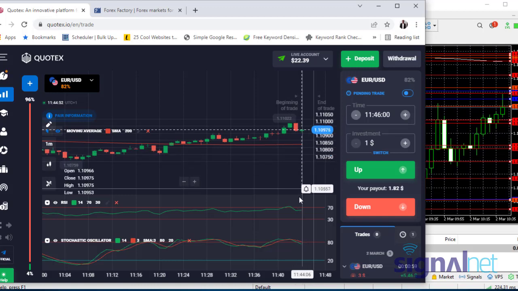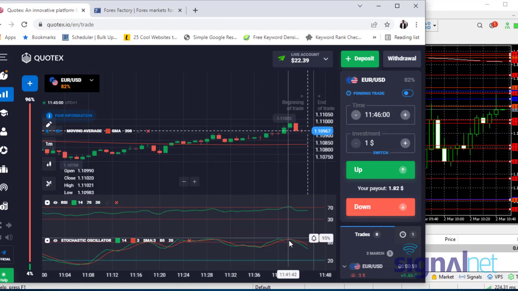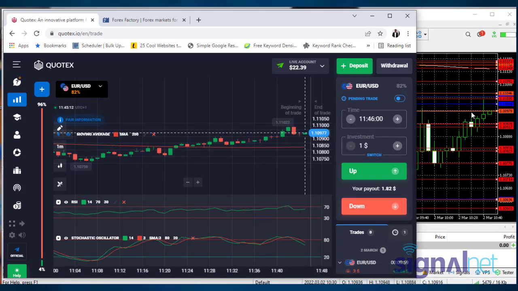Even for the multiple level thing, this place here, you can see it hits the overbought. This one also hits the overbought level 2, plus the multiple levels stuff that we had.